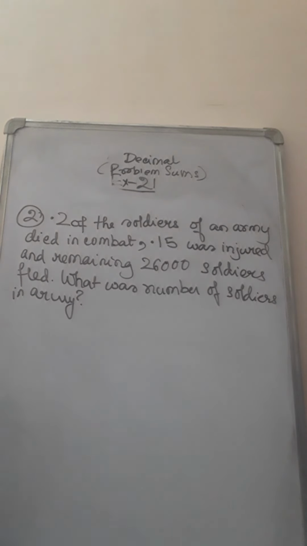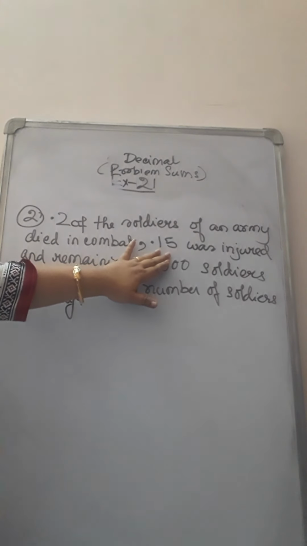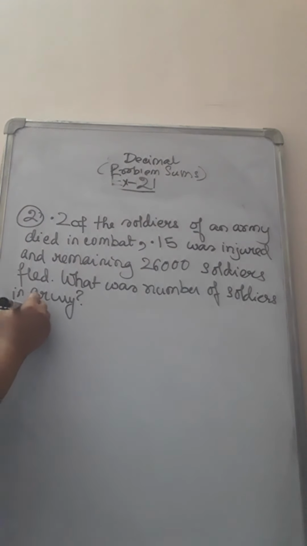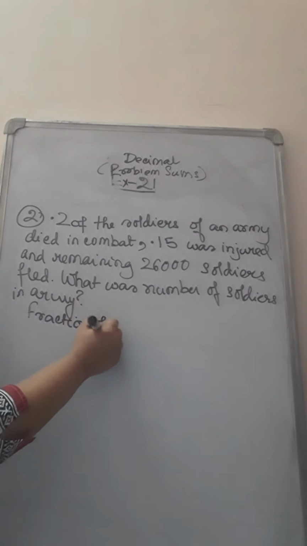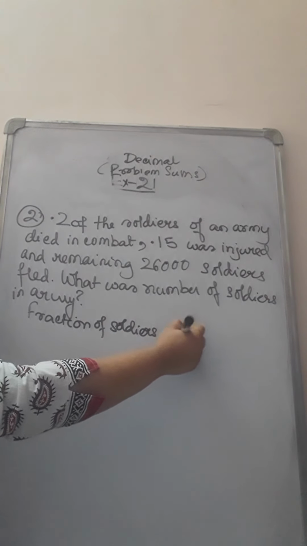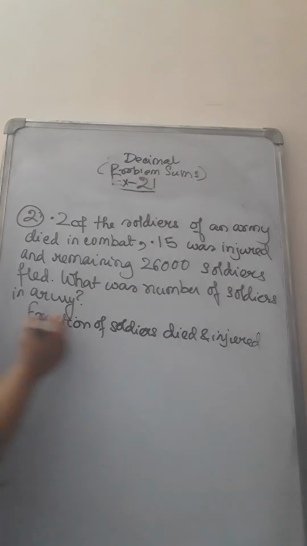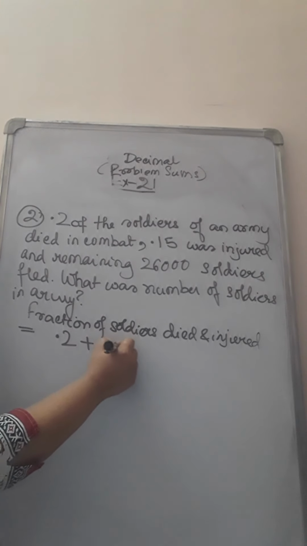So first what will we find? We will find the fraction of soldiers who have died and those who have got injured. So first we will find the fraction of soldiers died and injured equal to how much? 0.2 plus 0.15.